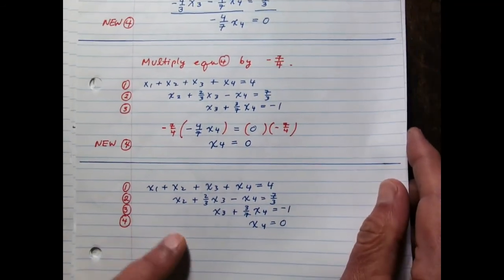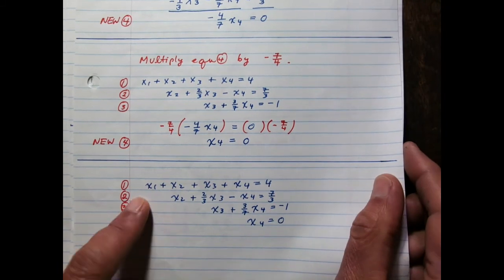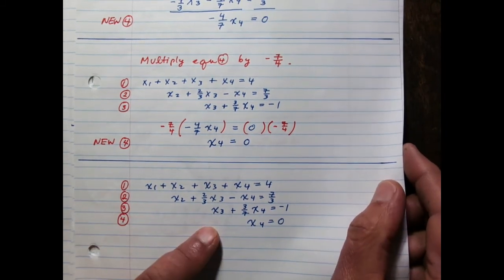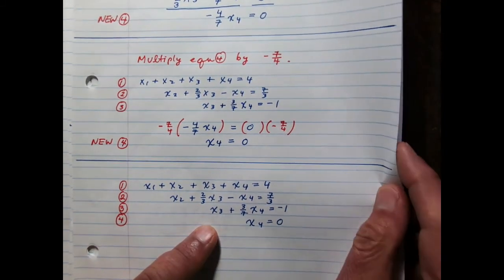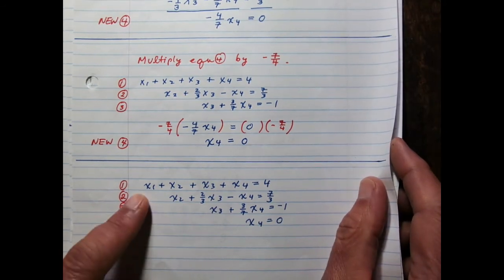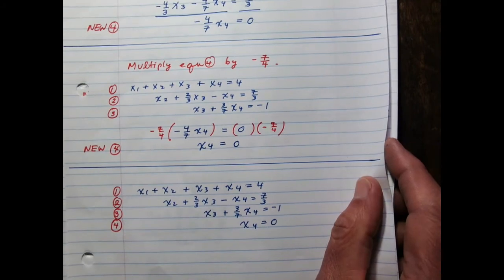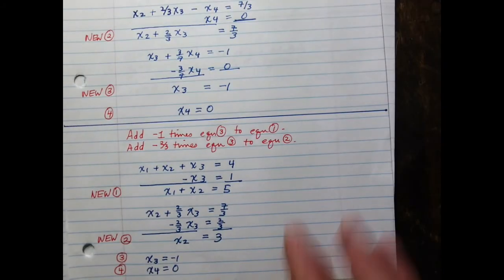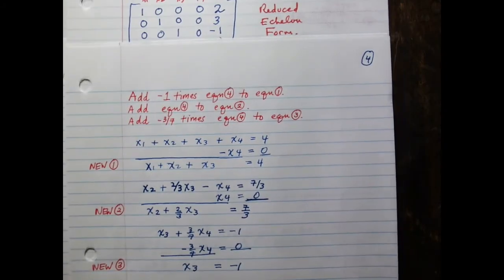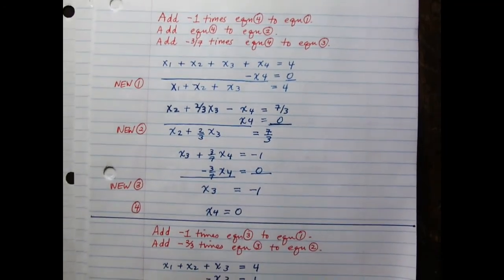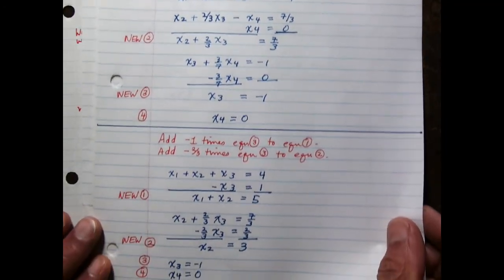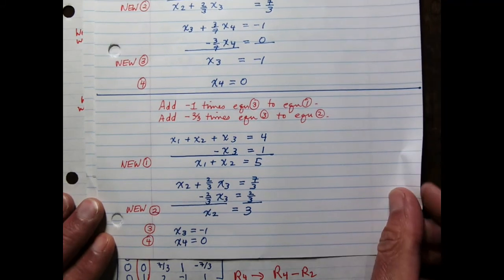Eventually I got to this point where the equations looked like so, and they're equivalent to the original equations. This is the echelon form that we got to about halfway through. Then we continued manipulating, and I wrote down what the corresponding steps would be for the equations.